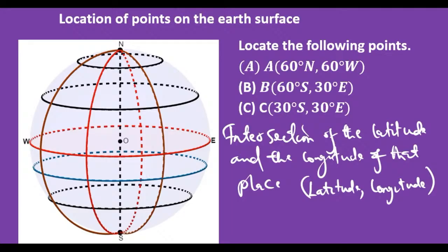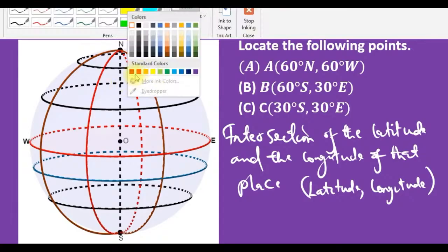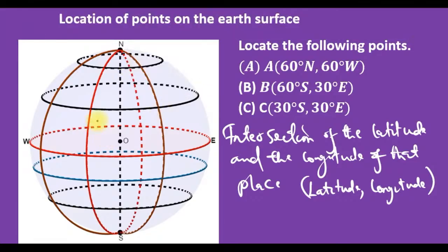Let me change color. The first point, they said 60 north, 60 west. The latitude, remember, starts from 0 towards north, so 60. Let me take this as 60. So we've located 60 north, because it's either north or south.